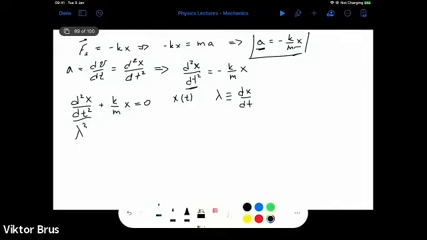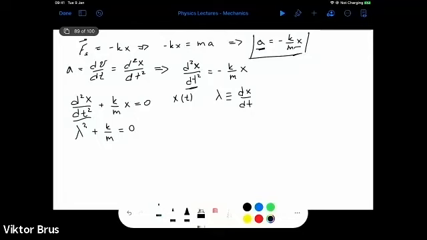Lambda stands for first derivative, so lambda squared stands for second derivative, plus k divided by m. This is the coefficient next to the function; we don't write the function in the characteristic equation. It is equal to 0.